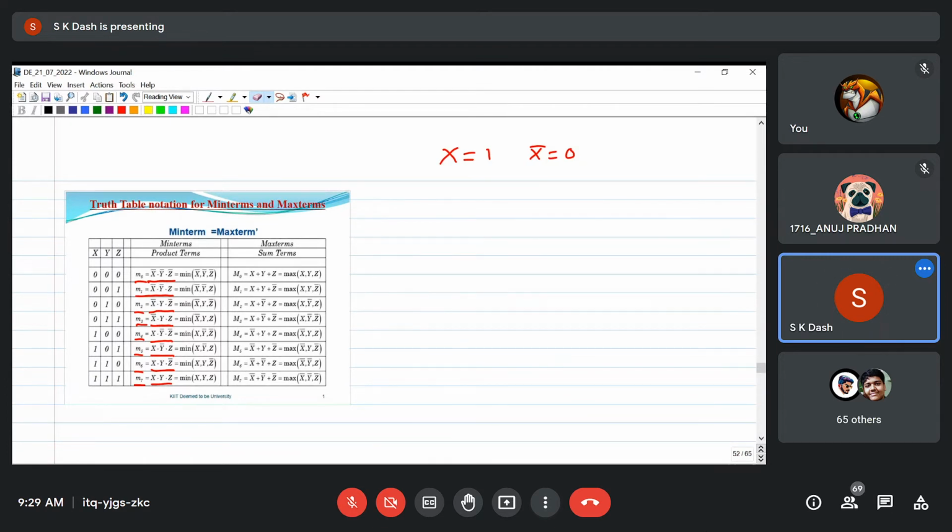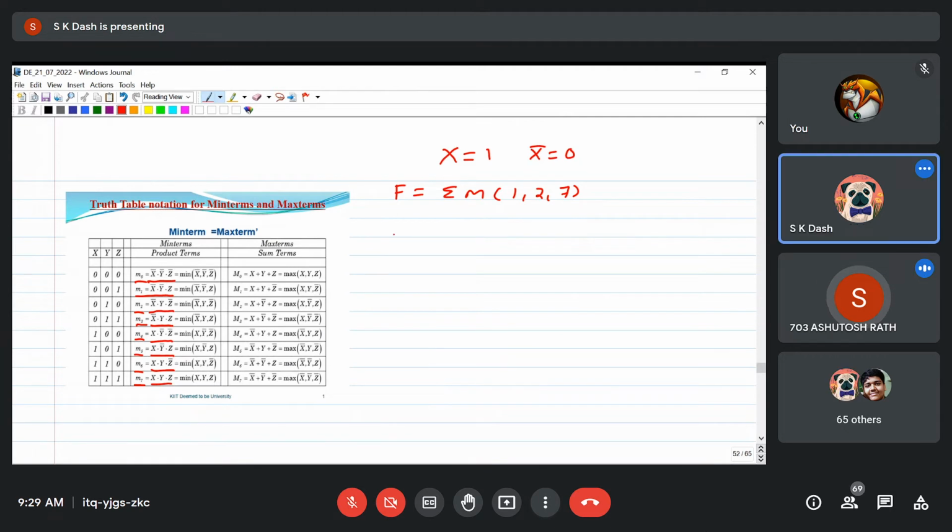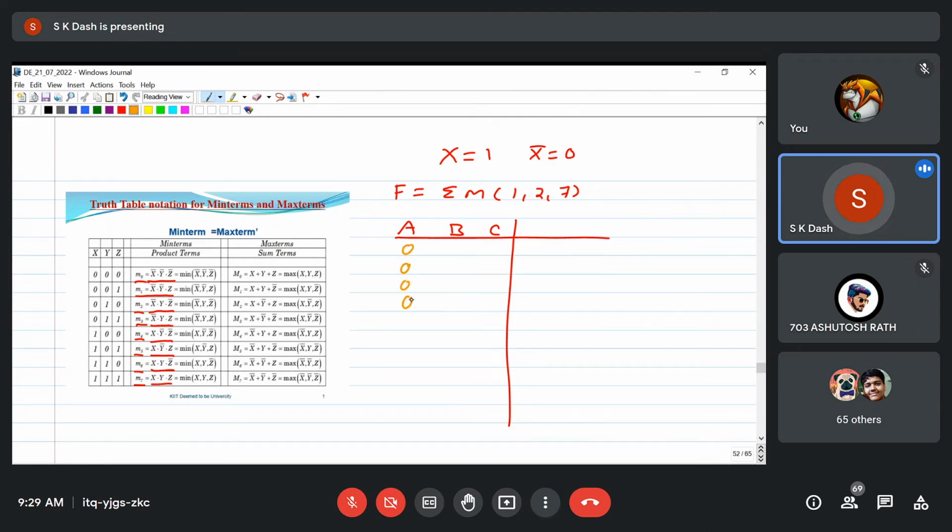Now suppose the question is given, F is equal to summation of m 1, 2, 7. That means how many inputs are there? 3 inputs are there: A, B, C. So let me write all the input combinations.